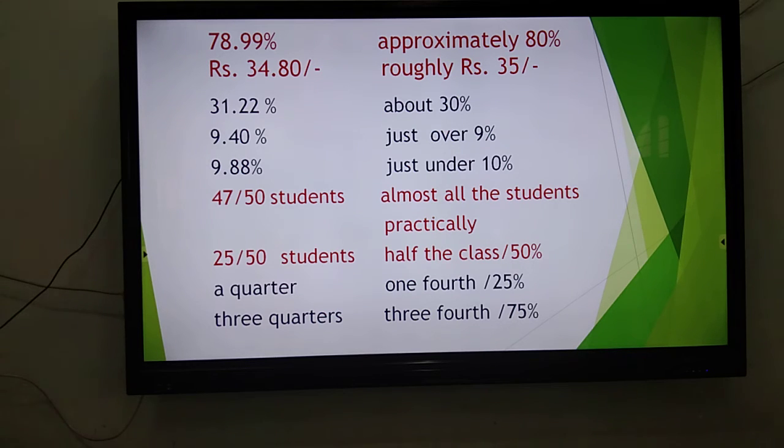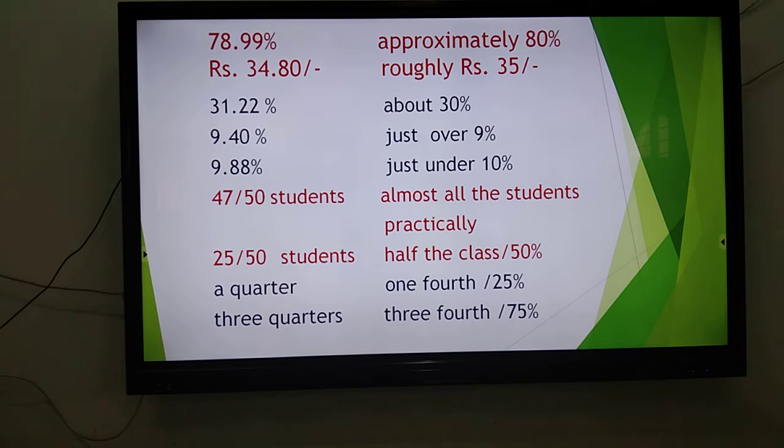Similarly, if we are talking about the number of students in a class, we can say that the total number of students is 50. Of them, 47 students did the homework. So we can say almost all the students, because we are only 3 short of 50.